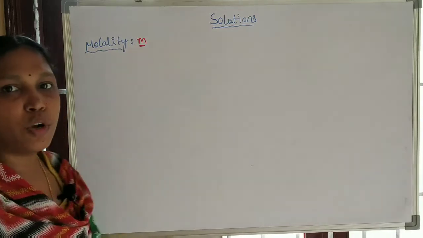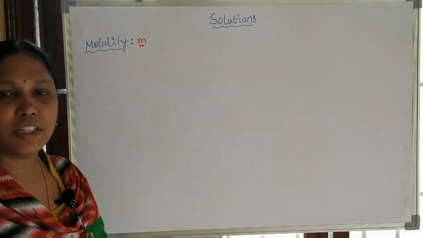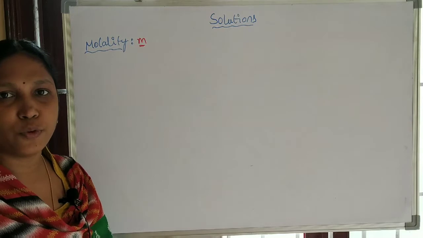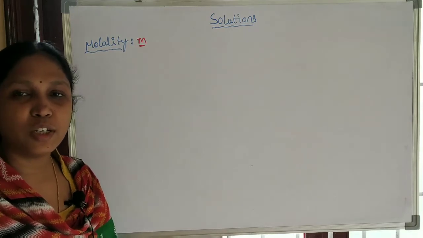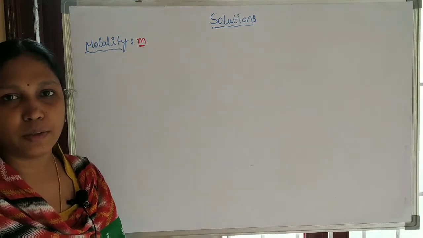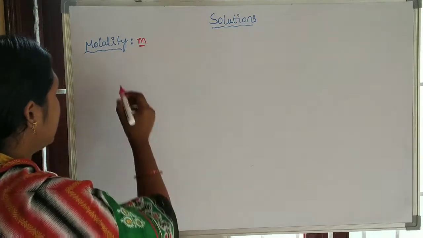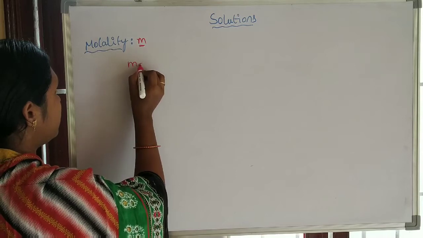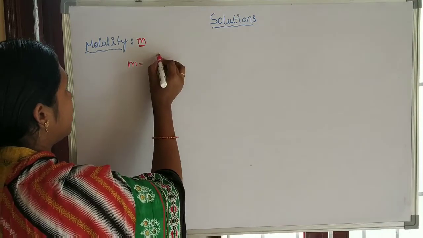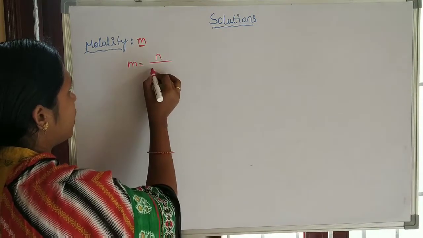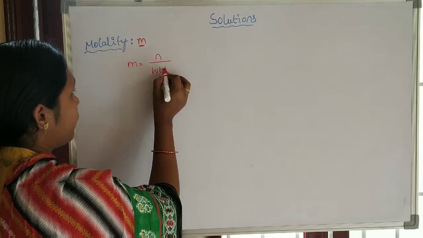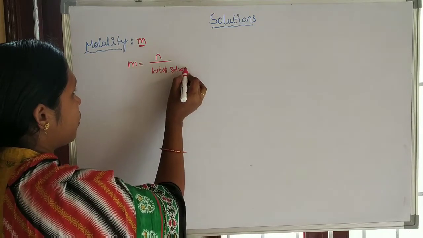What is molality? Molality means the number of moles of solute present in 1 kg of solvent. Here, small m is equal to the number of moles divided by the weight of solvent.